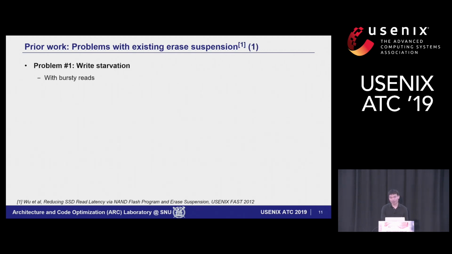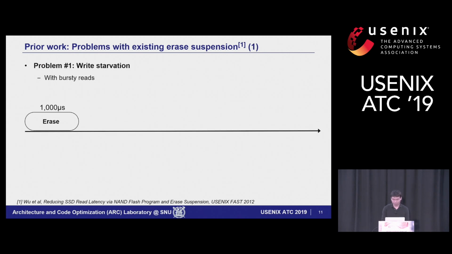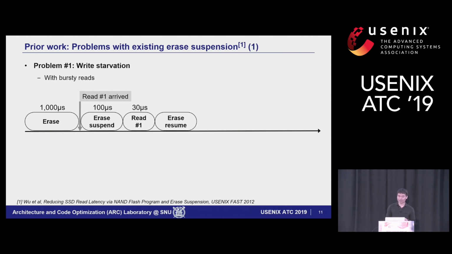Before describing our practical erase suspension technique, let me discuss how the existing erase suspension scheme can cause the write starvation and endurance degradation problems. As shown in the figure, let's suppose the NAND begins erasing a block, and at around 1 millisecond of the process, a read request comes in. Read number 1 is processed within 130 microseconds thanks to the erase suspension.